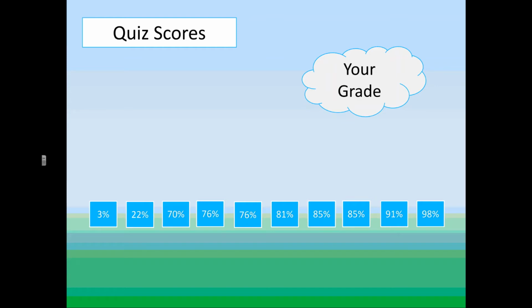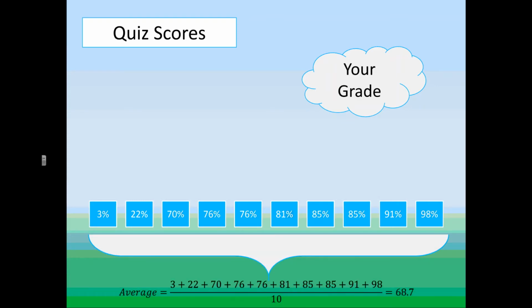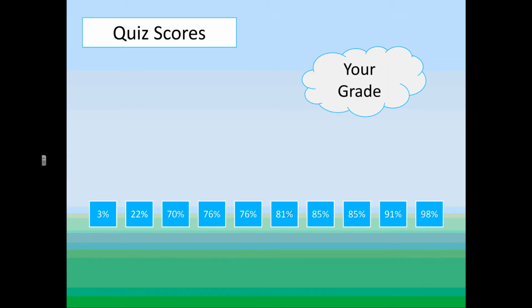We have organized them from least to greatest. Once we've organized them from least to greatest, we can do some math on them. We can find your average, meaning add them all up and then divide by the number of numbers. That gets us our mean, or 68.7. Sometimes we call it the mean, sometimes we call it the average, just depends on what we're doing.